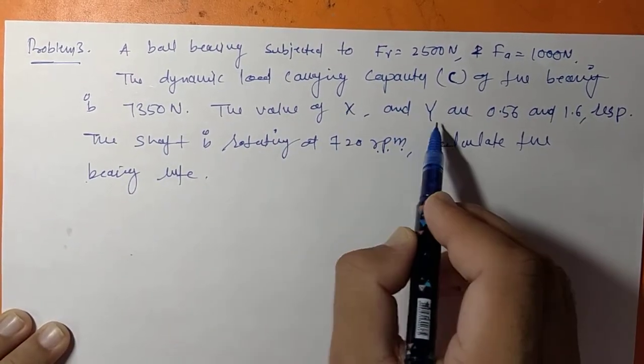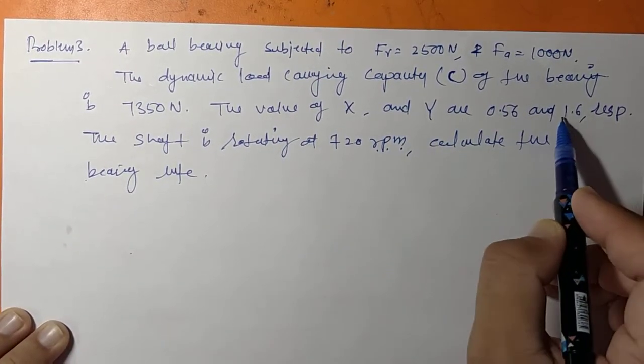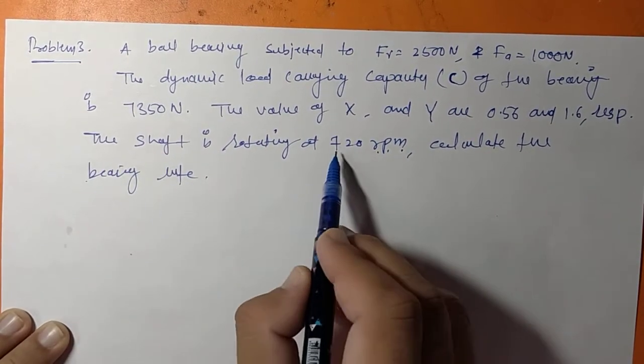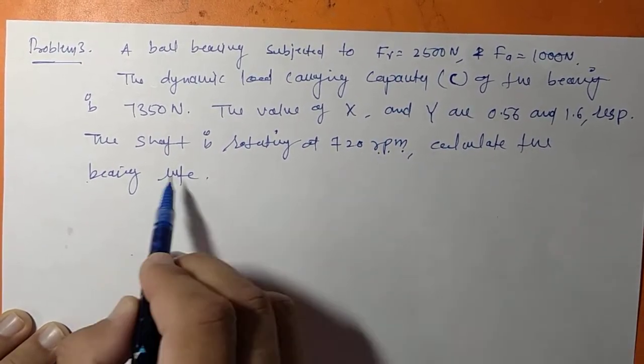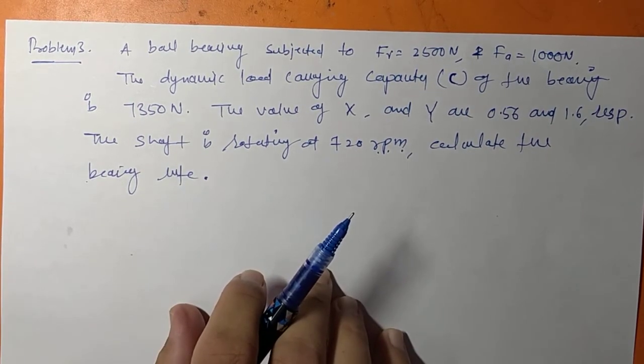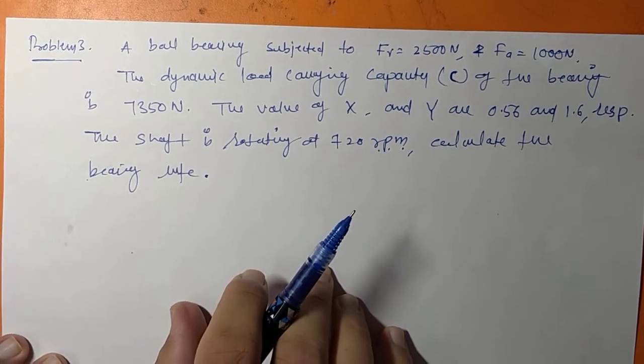The values of X and Y are 0.56 and 1.6 respectively. The shaft is rotating at 720 rpm. Calculate the bearing life. So here we are given both radial force and axial force.